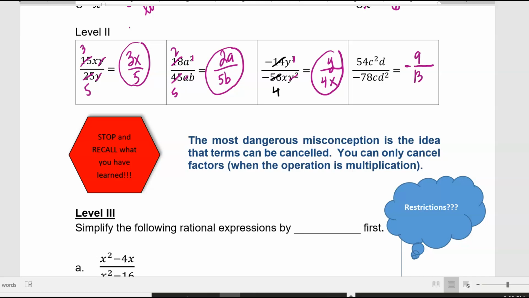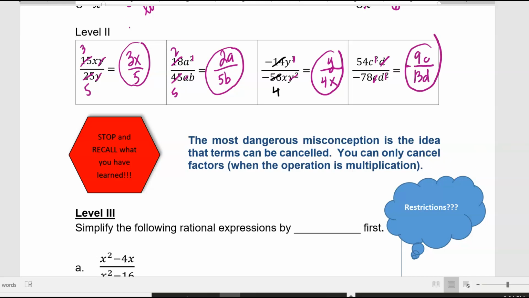And then a c cancels out top and bottom, but notice that there will be no c left in the denominator. And a d cancels out top and bottom, but notice this time that the d cancels totally from the denominator and is left in the numerator. So you have negative 9c over 13d.